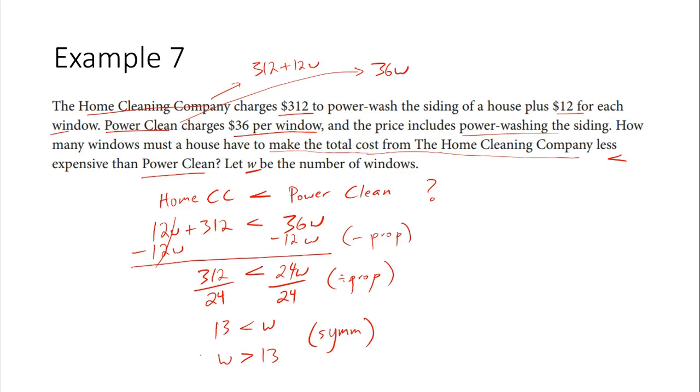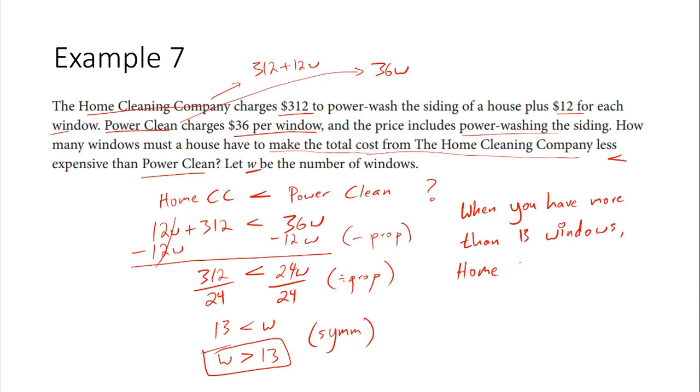In context, this means that when you have more than 13 windows, the home cleaning company will be cheaper.